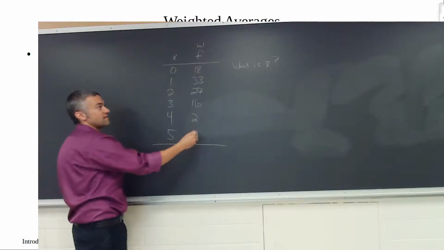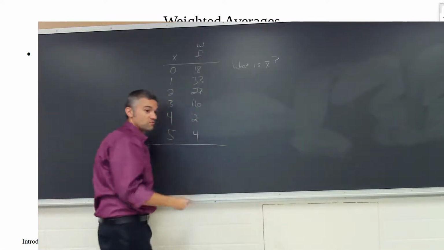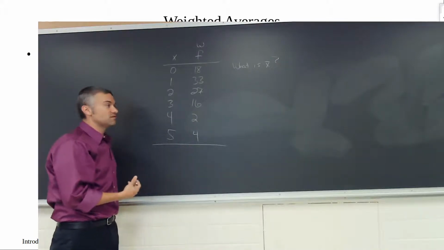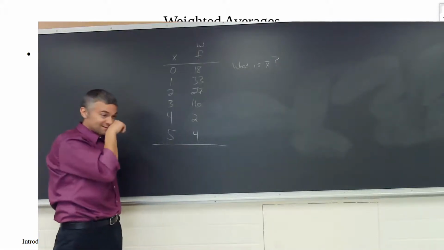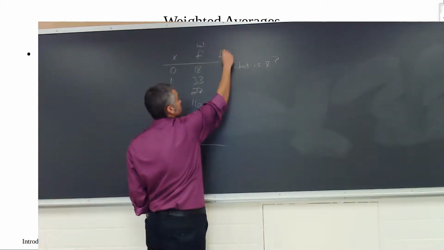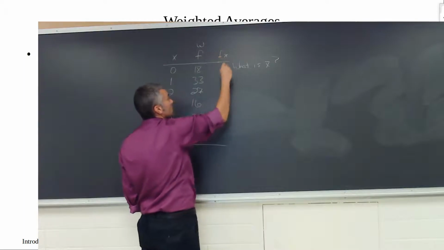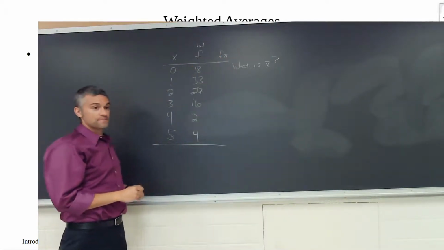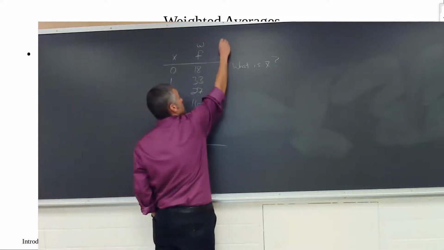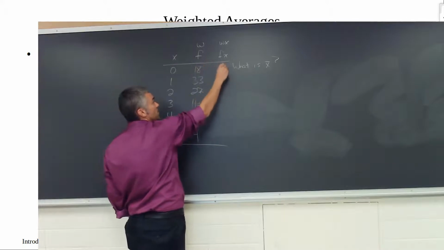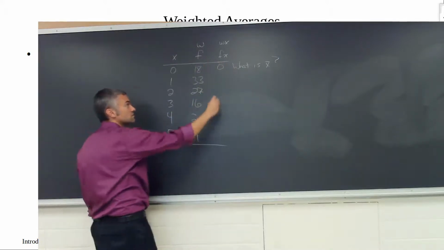So when we calculate this average, even though it's a regular arithmetic average, we're going to use weighted averages to calculate the actual x bar. What we're going to do is take these 2 columns and multiply them together. This is also wx. I'm just going to multiply across the rows.